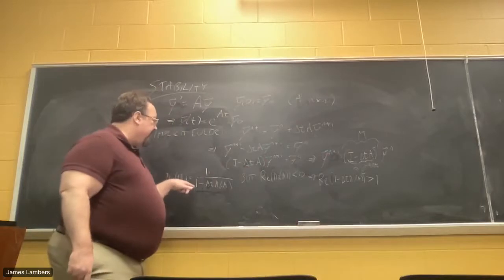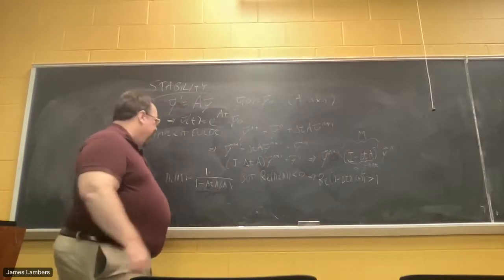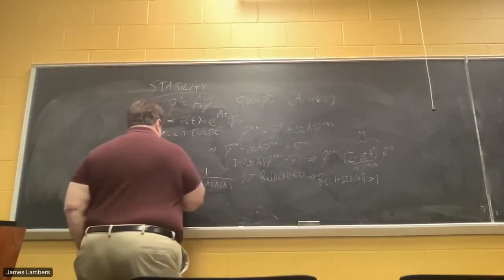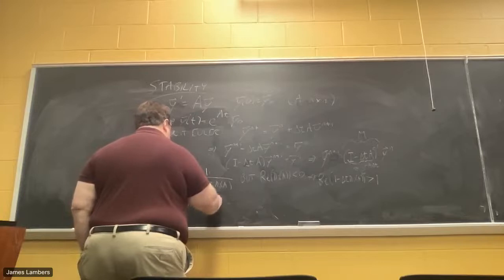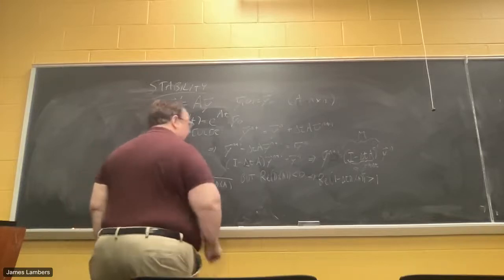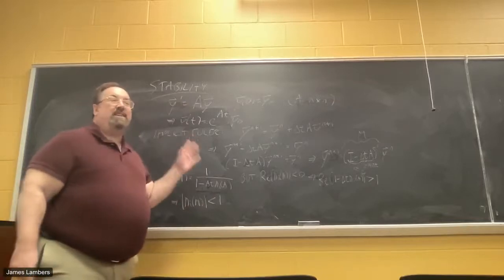So the denominator is guaranteed to have a real part that is larger than the numerator. So we can conclude that the eigenvalues of M in absolute value are less than 1, no matter what delta t is. That's the key.